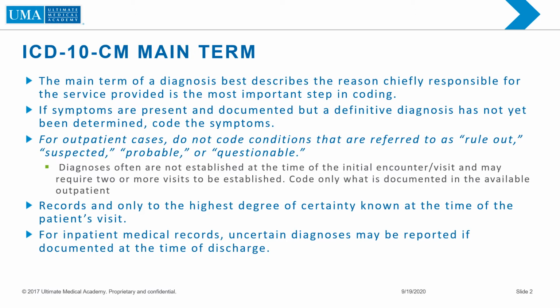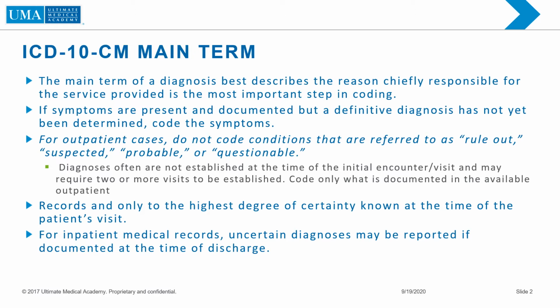If you have any symptoms present and they're documented, but a definitive diagnosis has not yet been determined, you want to code the symptoms. For outpatient cases, do not code conditions that are referred to as rule out, suspected, probable, or questionable.